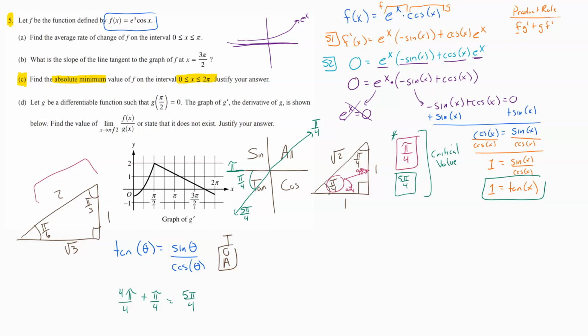So we've got those 2 critical values. So step 2 of the process is complete. And now we go to step 3 of the process. Step 3 of the process is you are going to plug in all your critical values and endpoints of your interval into the original function.